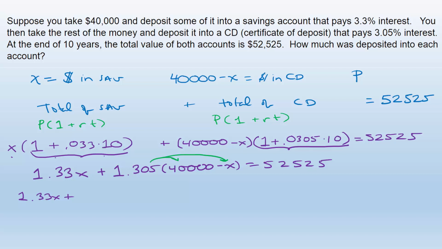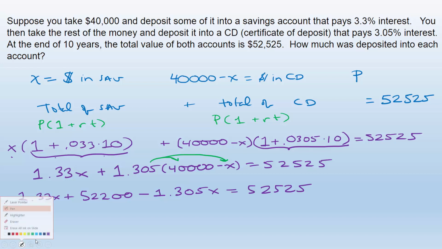If I do 1.305 times 40,000, I get 52,200. And if I do 1.305 times negative x, I get minus 1.305x. And copying everything else down.